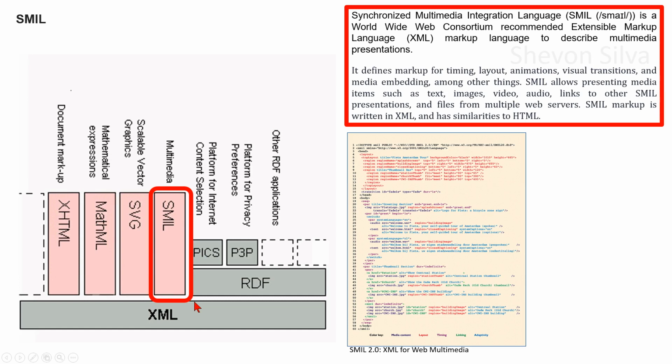It defines markup for timing, layout, animations, visual transitions, and media embedding, among other things. SMIL allows presenting media items such as text, images, video, audio, links to other SMIL presentations, and files from multiple web servers. SMIL markup is written in XML and has similarities to HTML.